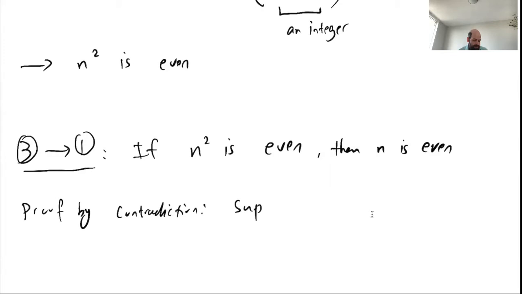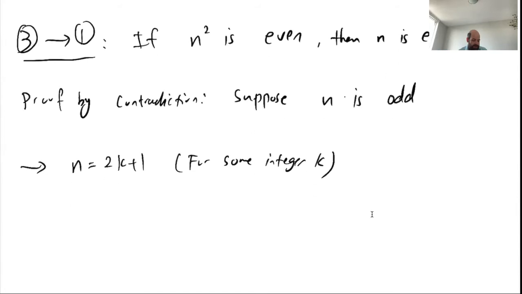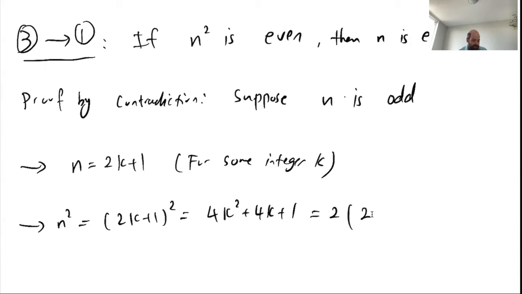So suppose n is odd. If n is not even, it has to be odd. So n is equal to 2k plus 1 for some integer k. Then n squared will be 2k plus 1, the whole squared, which is 4k squared plus 4k plus 1, and that's 2 times 2k squared plus 2k, plus 1.